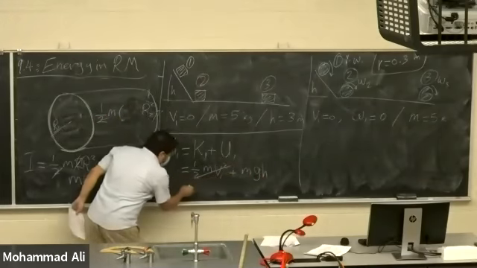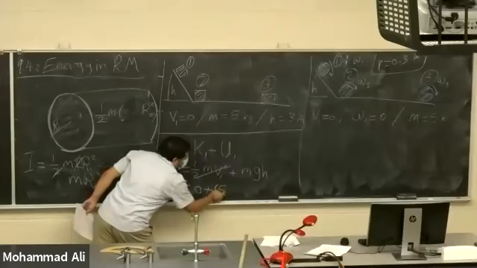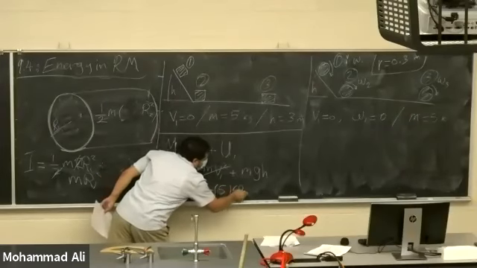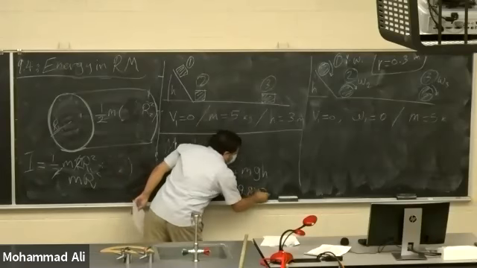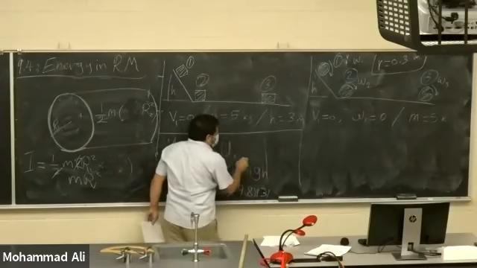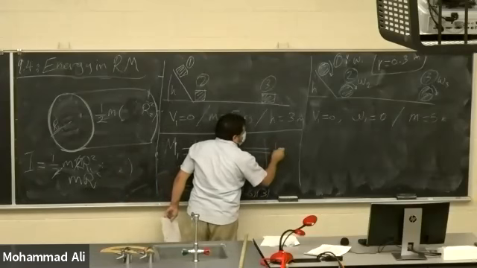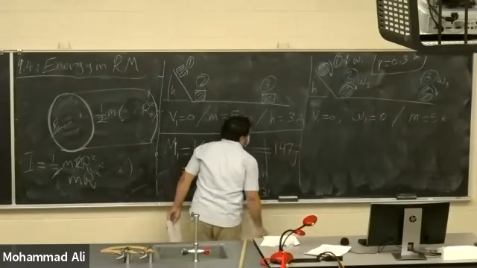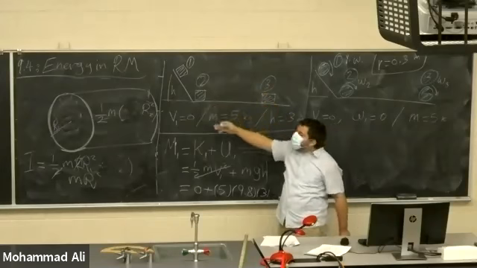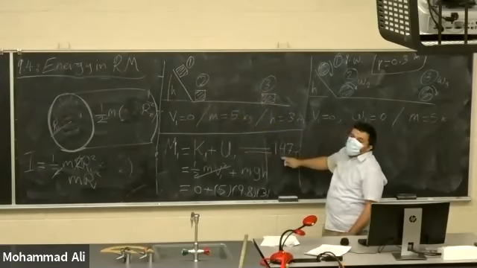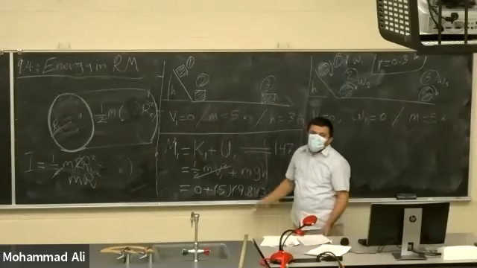So we have 0 plus the mass is 5, the g is 9.8, the h is 3. This will give us the energy equal to 147 joules. So the kinetic energy is 0, the potential energy is 147 joules, which is the mechanical energy.